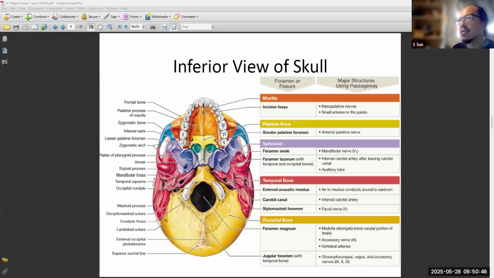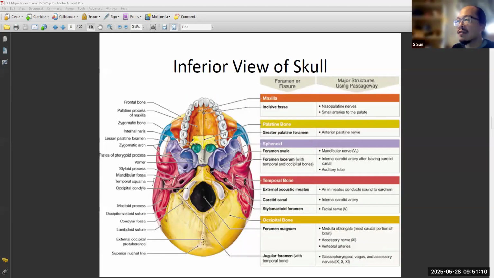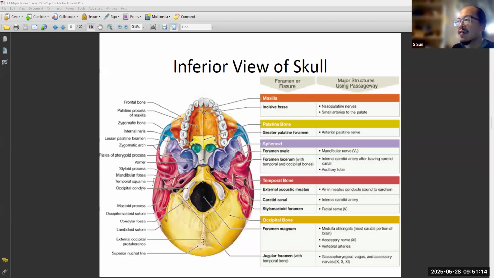So those are the palatine, a very small bone that sits in the top of your oral cavity right here to kind of patch it. Nasal bone, oh sorry, nasal bone is not here. This is the vomer right here.